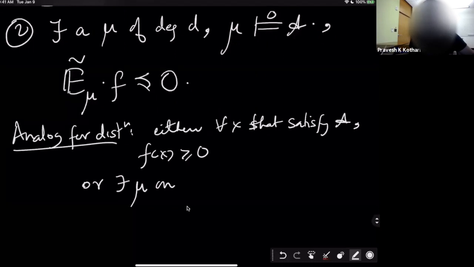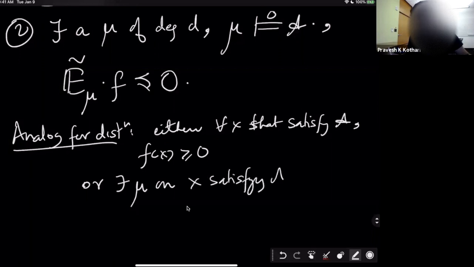And what should a distribution be supported on? If this does not hold, then there is at least one point where f must be negative. So you will take a distribution mu supported on points x satisfying A, such that the expectation with respect to mu of f is negative.